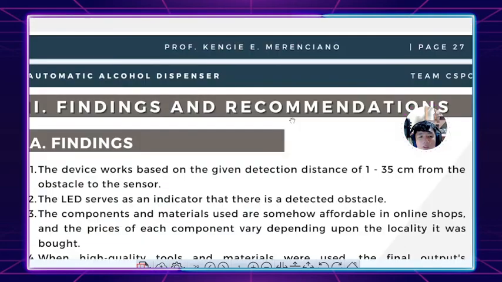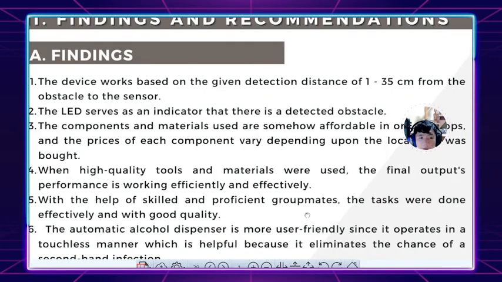So after the procedures on coming up with the project, you need to present to us the findings and recommendations. Tell us your experiences. What did you observe or find out during the construction, testing, or design of your project?